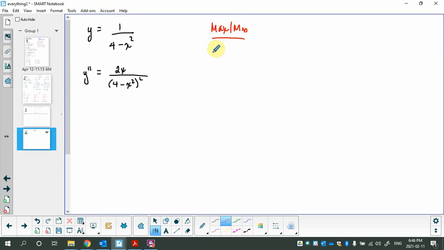Max min is where you take the derivative, which is the slope of the tangent, and you make it equal to 0, which in this case, I'll need a 0/1 to do that cross-multiplying business again. So this way gives me 1 times 2x. This way gives me 0 times I don't care. Divide both sides by 0.